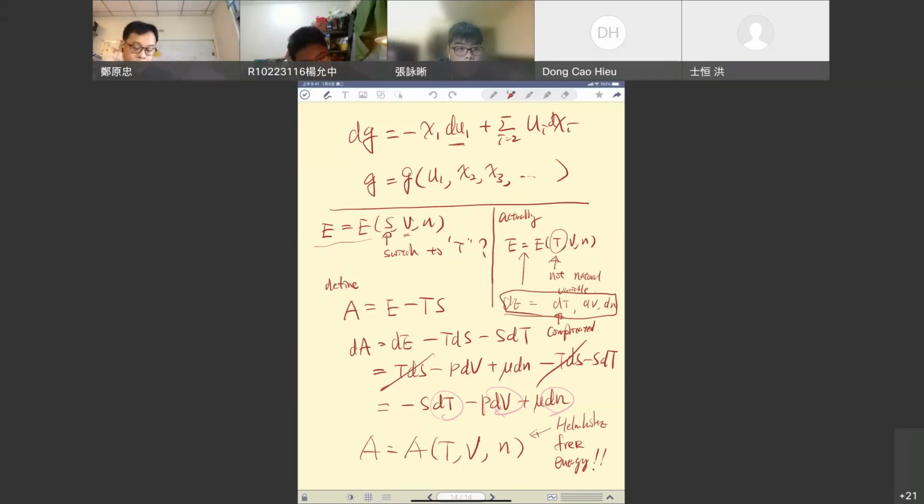And if we introduce all the auxiliary functions, then we can very easily show you the Maxwell relations and other things. So I think next Tuesday we should be able to cover most of the thermodynamics part.